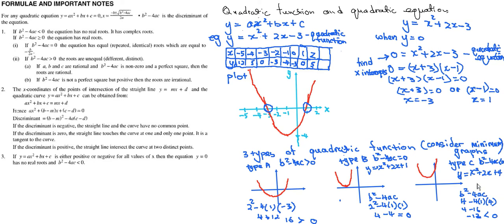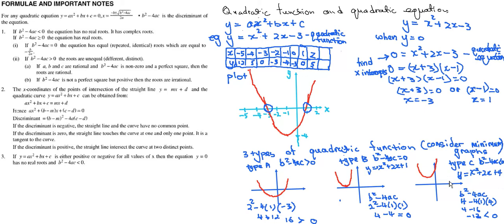By doing this analysis, I know that if I plot this function, it will not intersect with the x-axis. In other words, there is no x-intercept for this quadratic function. If I put y equal to 0, I will not be able to obtain x1 and x2 values.